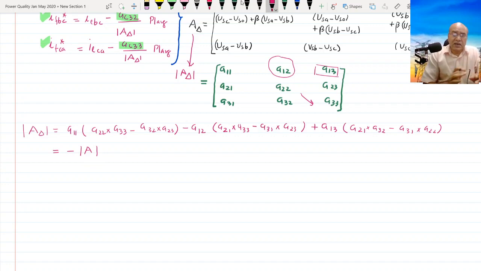Same matrix, the value is same, but it has a negative sign. Please prove this by yourself.